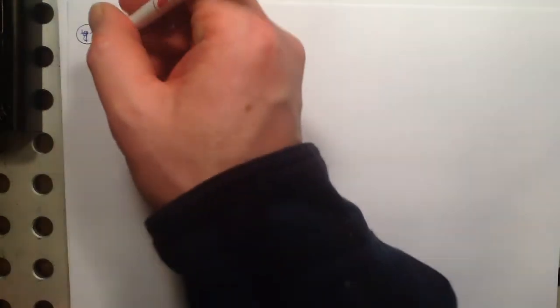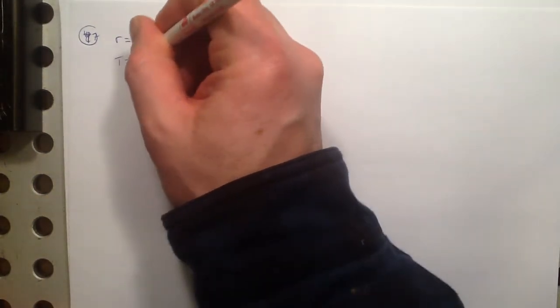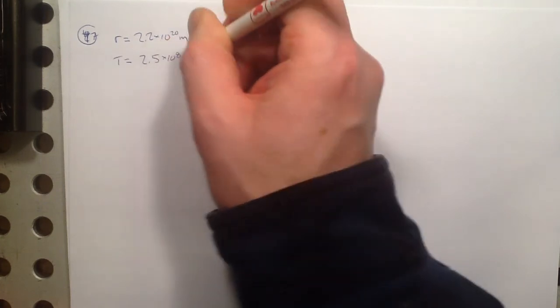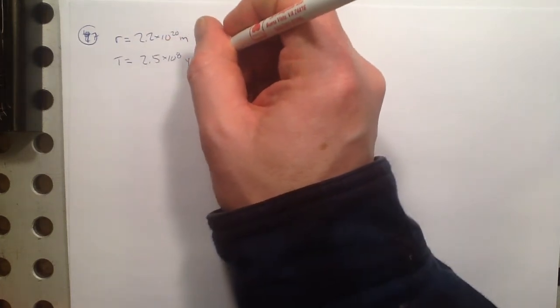It revolves around that center once every 2.5 times 10 to the 8th years. That is 1/4 billion years, 250 million years it takes for the Sun to go all the way around our galaxy one time. That's kind of amazing to think about.